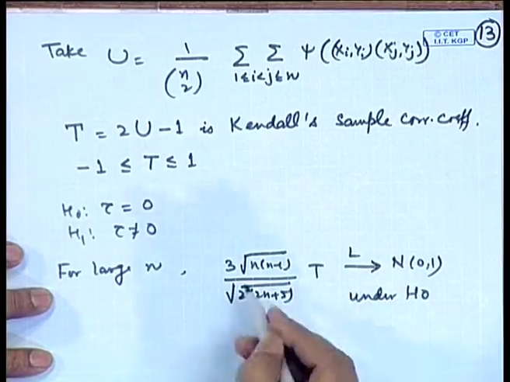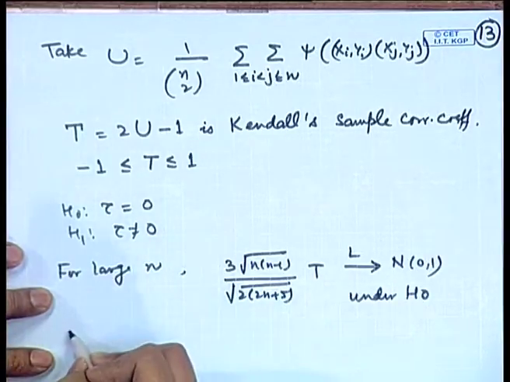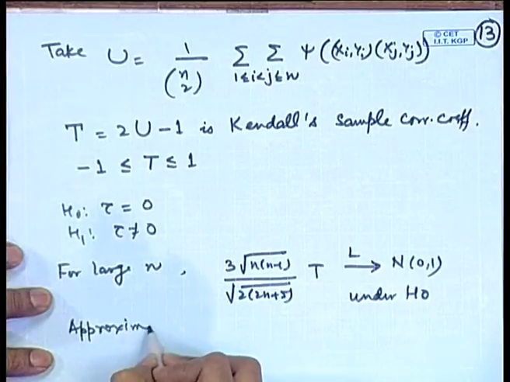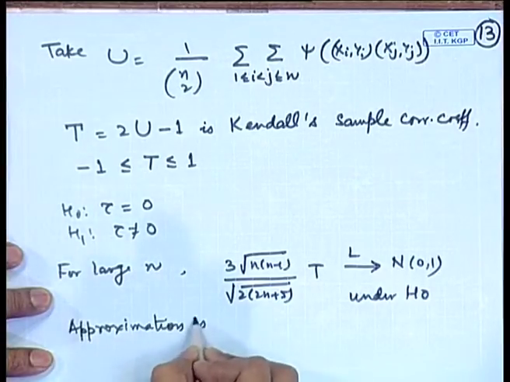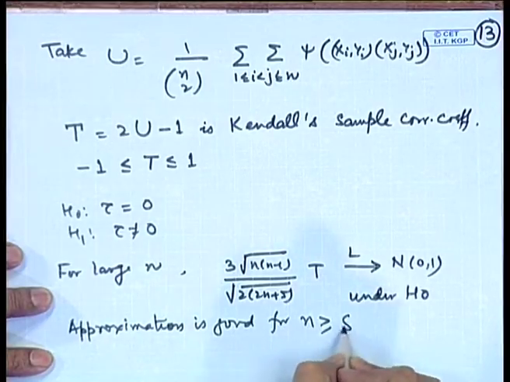So, one can use this for testing the hypothesis tau equal to 0, and it has been observed that the approximation is good for n greater than or equal to 8.